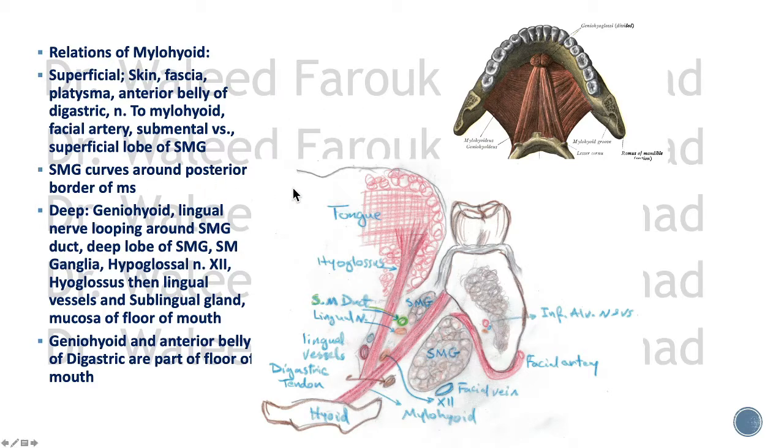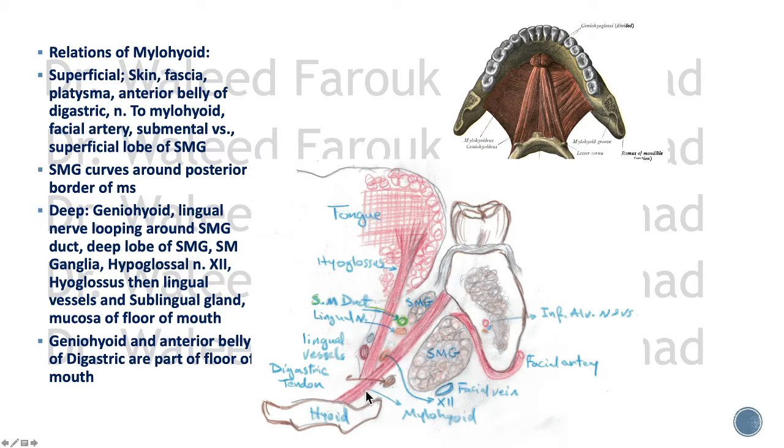Now this is a coronal section here. This is the tongue, this is the mandible, and this is the mylohyoid muscle. You'll find deep to the mylohyoid another muscle that goes almost perpendicular upwards. It's the hyoglossus muscle.